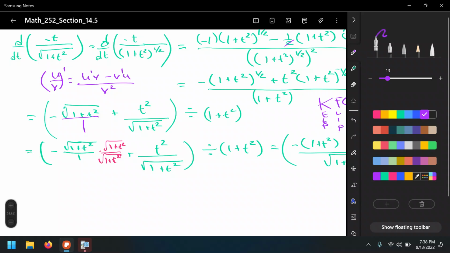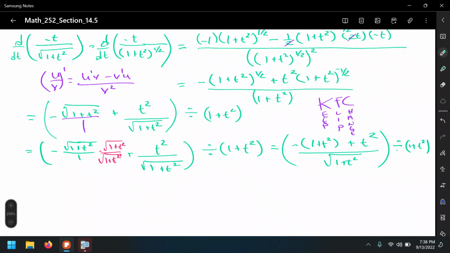That is, keep the first factor, and let me actually distribute the negative: 1 minus t squared plus t squared. Oh, cancellations. Keep the first fraction, flip the second fraction, and change the division into multiplication. That's the KFC rule for fractions.